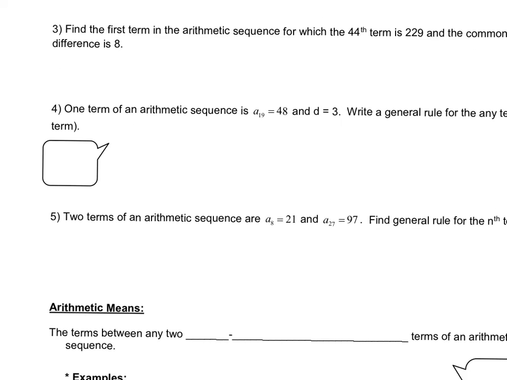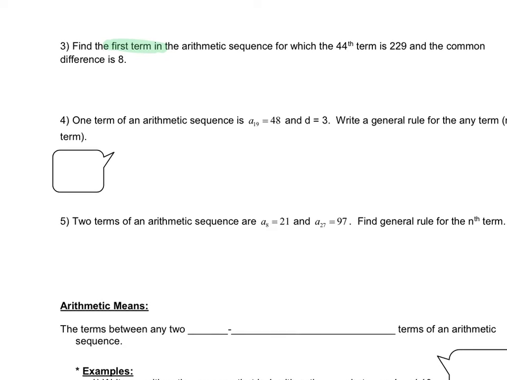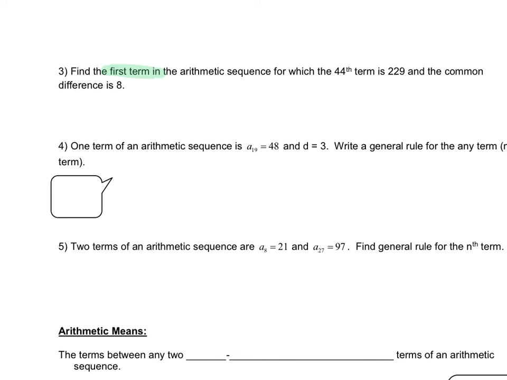Okay, and today instead what you're going to be doing is you're going to be given different situations where you have to find a certain term in the sequence or the general rule for the sequence. Alright, so the problem asks us to find the first term in the arithmetic sequence. It's always good to label the information that you have and the information that you're trying to find. So a1 is what we're trying to find.